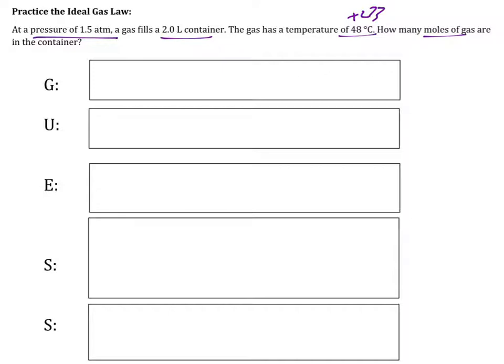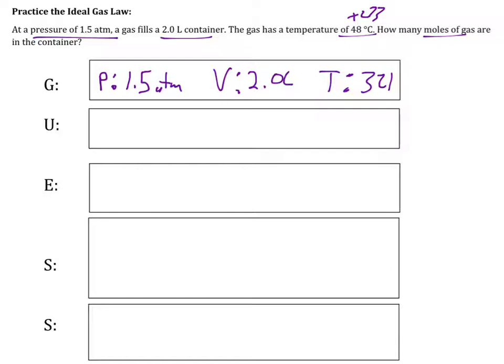So the given: pressure is 1.5 atmospheres. The volume is 2.0 liters. And the temperature is 321.